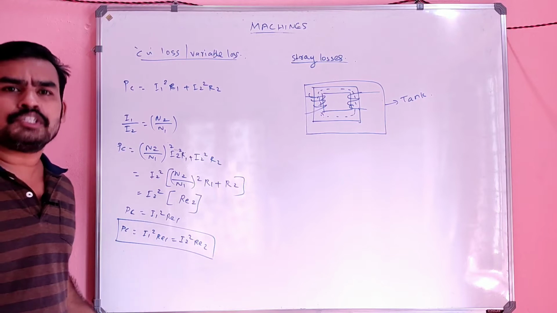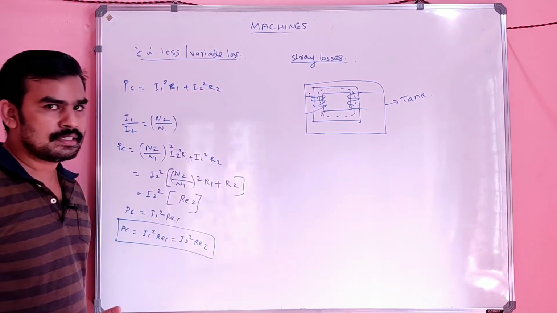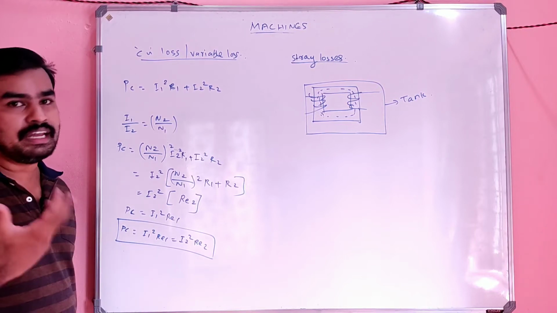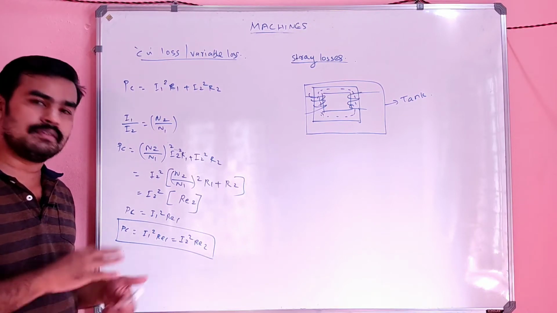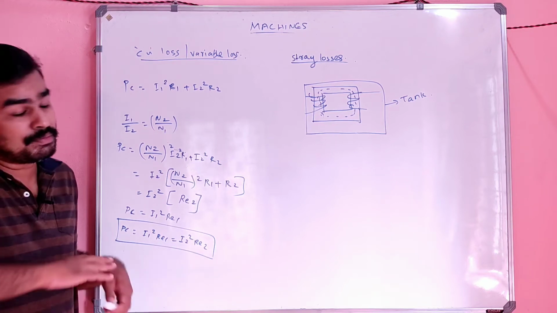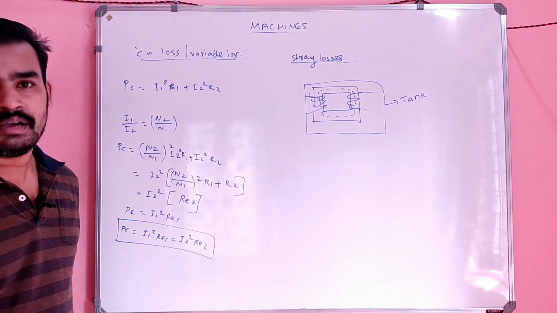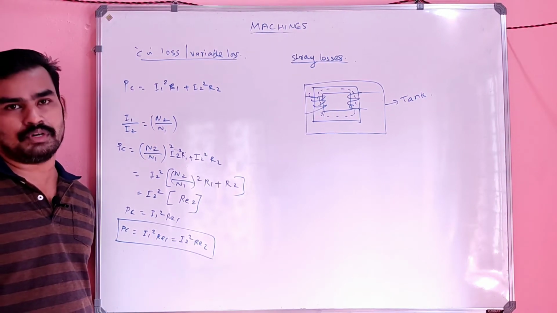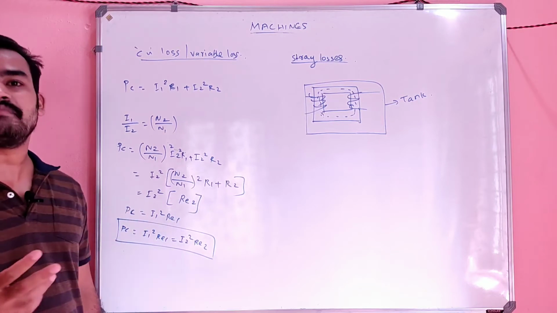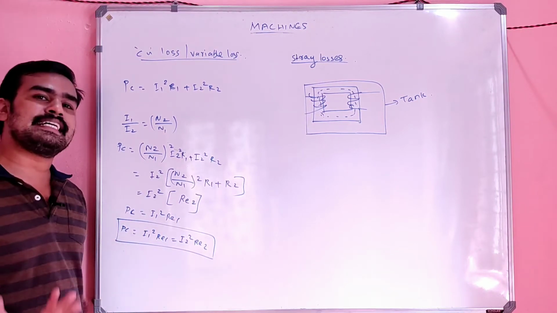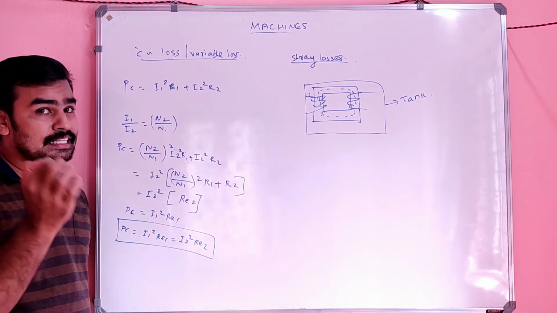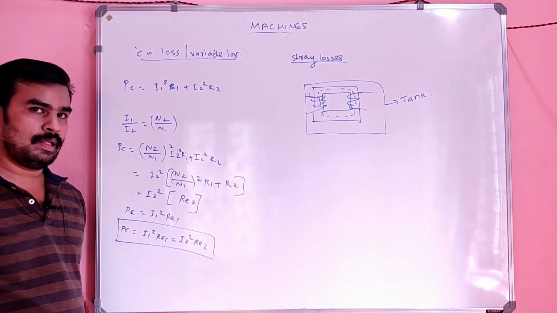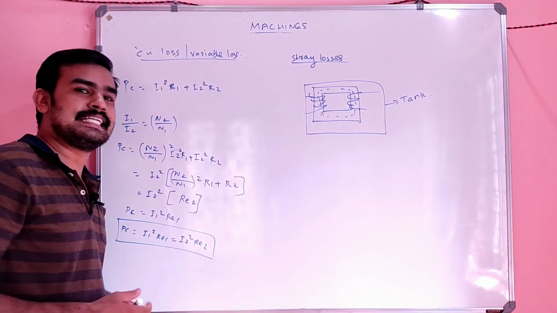But compared to the copper losses and iron losses, these stray losses are very, very less, very feeble in nature, very weak. So all the time it may be neglected. No issues will arise in the calculation because it is such a small value. So the stray losses are due to the eddy current in the conductors as well as the tank. Conductor in the sense, not the winding conductor, but other conductors. Clear? So that's all about the stray losses.